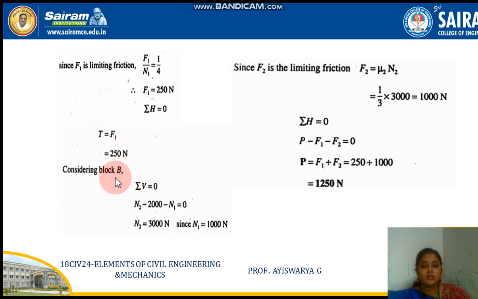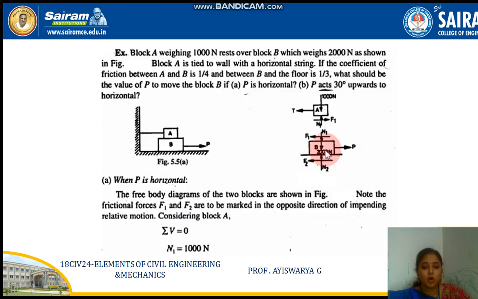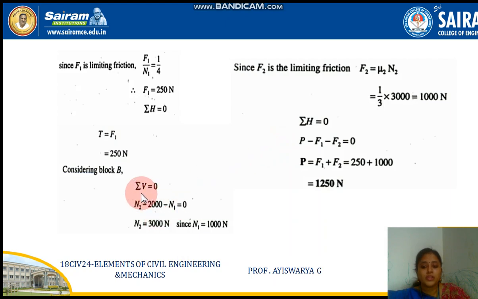Now consider block B. For block B, you have F1, F2, N1, N2, the 2000 Newton force, and P. Using the summation of vertical forces equal to 0, there are three vertical forces, and you will get the value of N2, since N1 is already known. Using mu2 equal to F2 by N2, you can find F2 and substitute it.